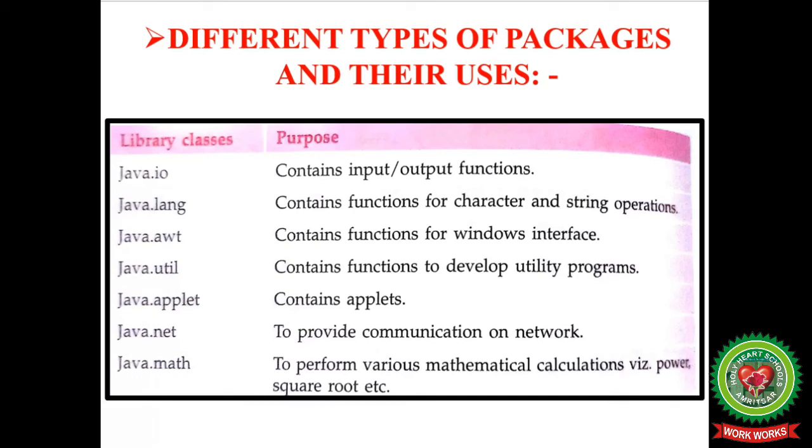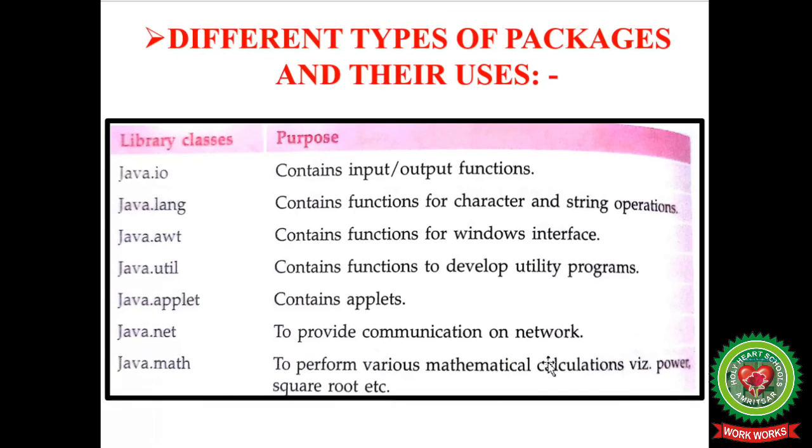Java.util contains functions to develop utility programs. It is also the collection of data structure classes, just as you import the util package when you are using the Scanner class. Next, java.applet. It is used for creating applets. Java.net provides communication on the network.